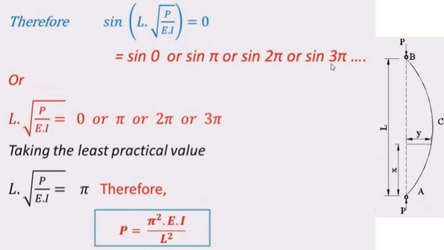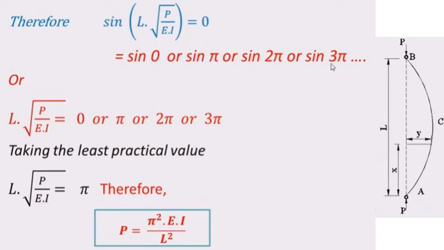Therefore, we can consider the second condition, that is sine of L into under root P by EI equal to 0. In order to satisfy that condition, the value of L into under root P by EI must equal either 0 or pi or 2 pi or 3 pi.